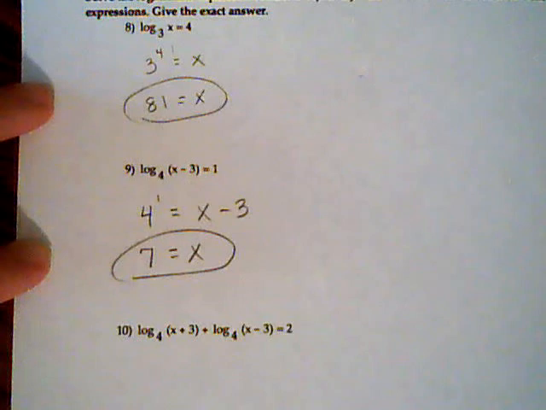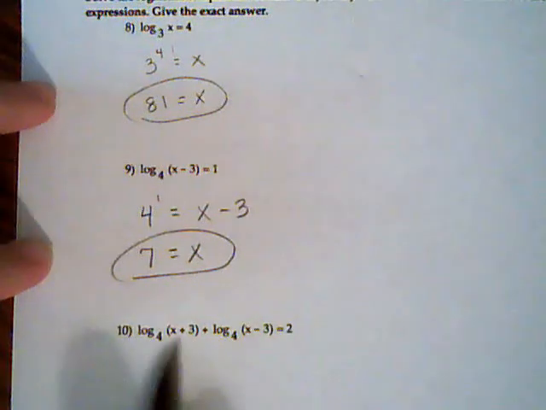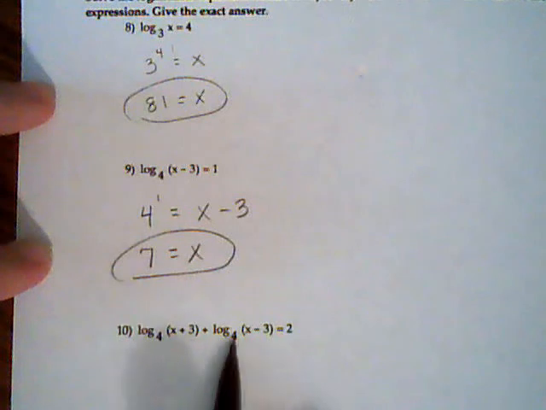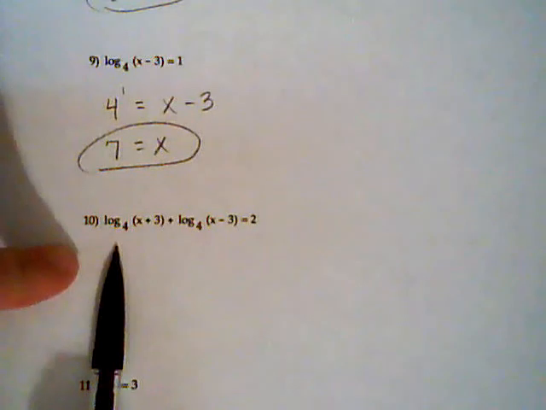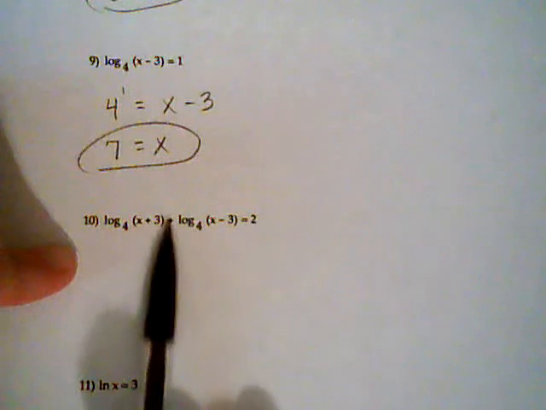Okay, on number 10, notice we have two logs in the equation. Log base 4 of x plus 3 plus log base 4 of x minus 3 equals 2. So we can use some of the properties that we talked about in section 3.3, where we have a sum.